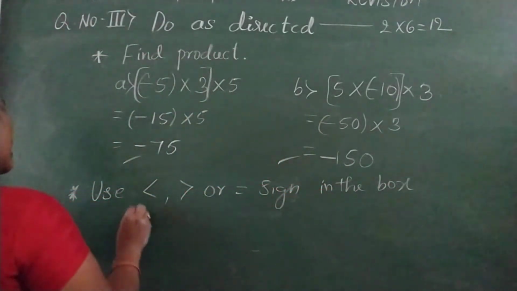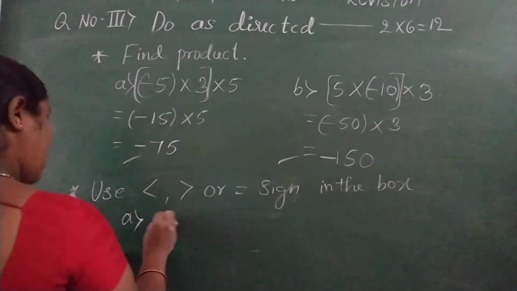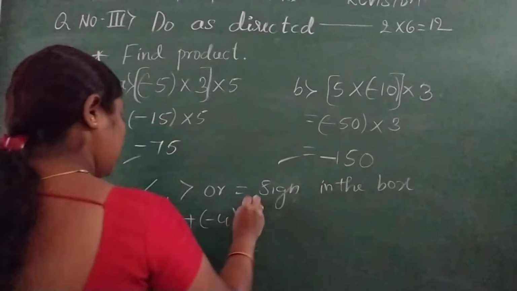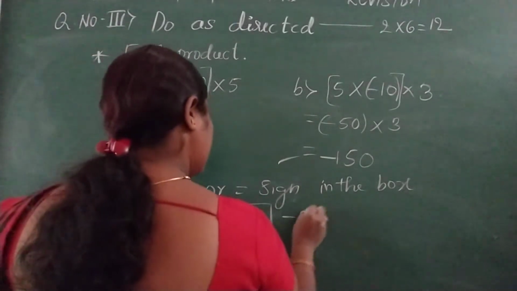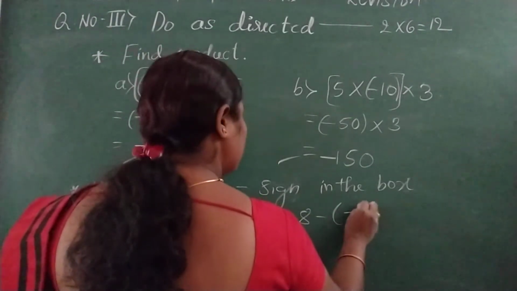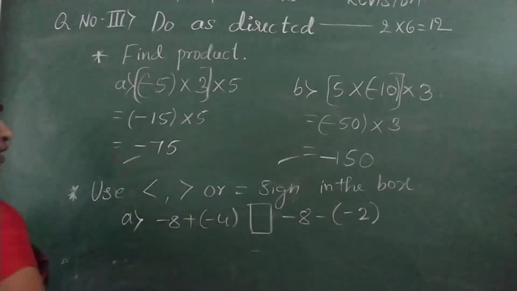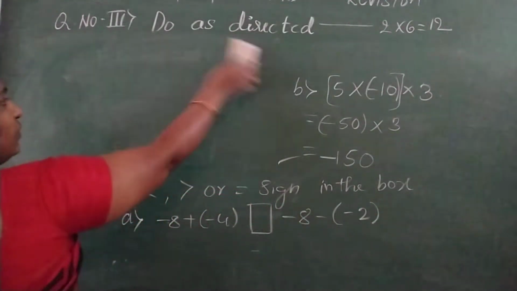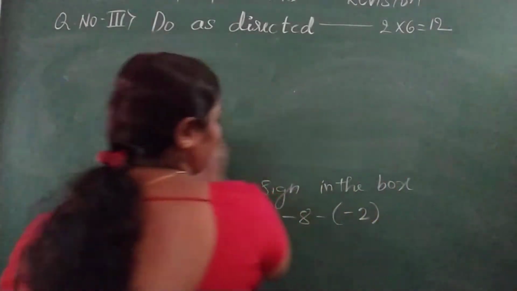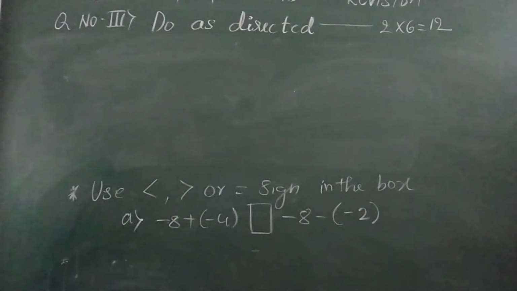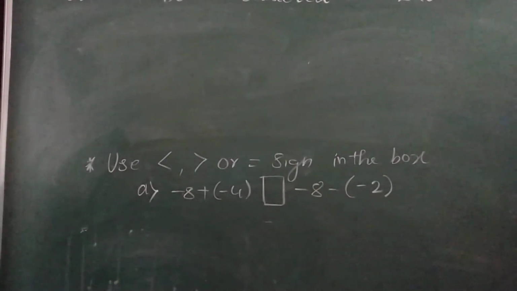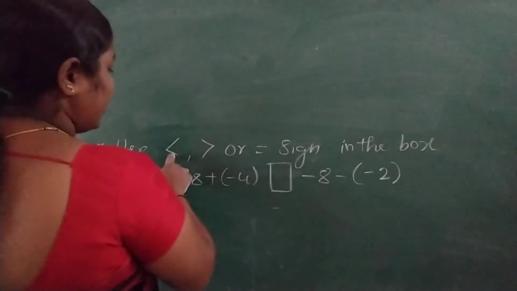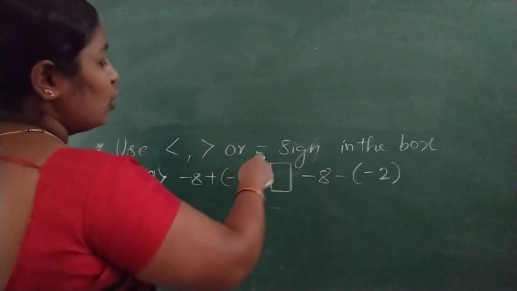You will get again A, minus 8 plus into bracket minus 4 bracket, and minus 8 minus into bracket minus 2 bracket. B again I will take up. I will solve one first, then we will go for B. So you have to put here greater than, less than or equal to.